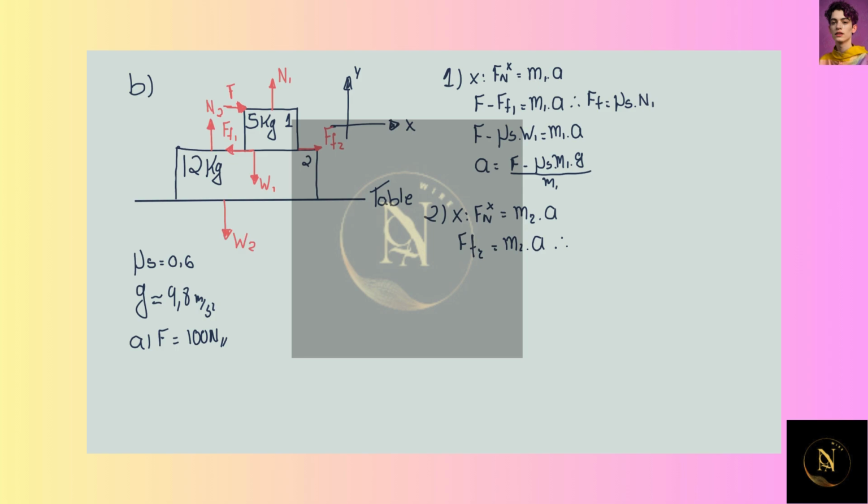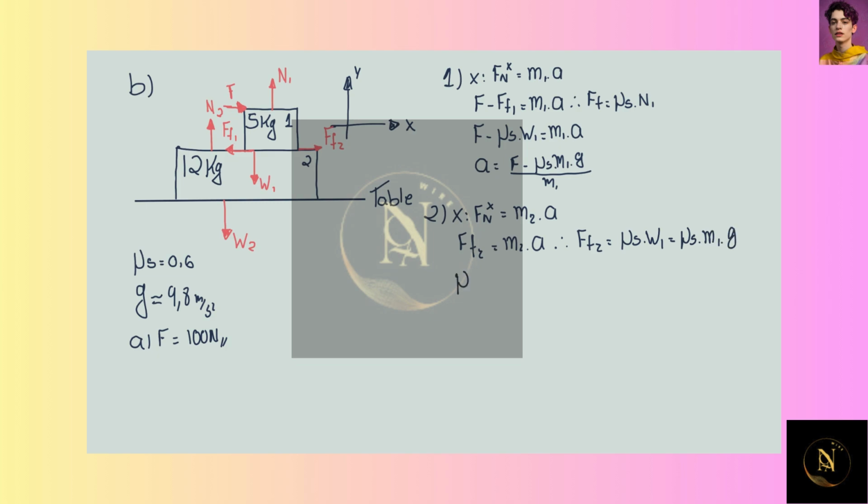Then, notice that the frictional force number 2 must be the maximum one, so it's given by the static frictional coefficient times the contact force between blocks 1 and 2. And that contact force is the weight force of block number 1. And this results in mu static times the mass number 1 times g.